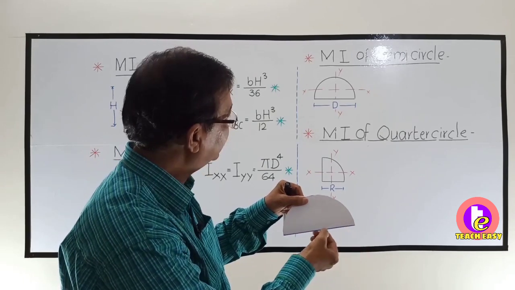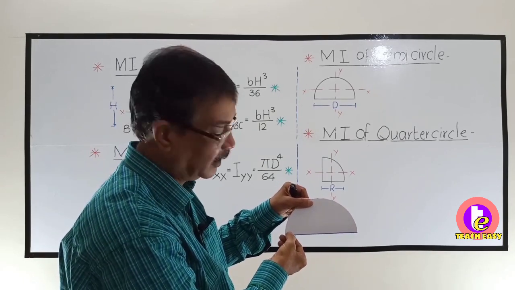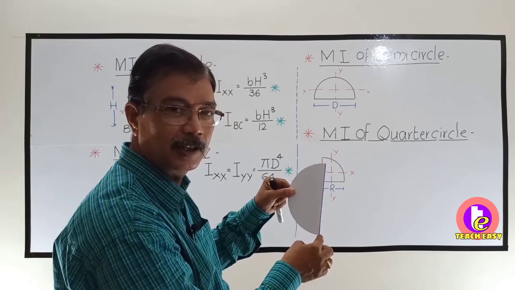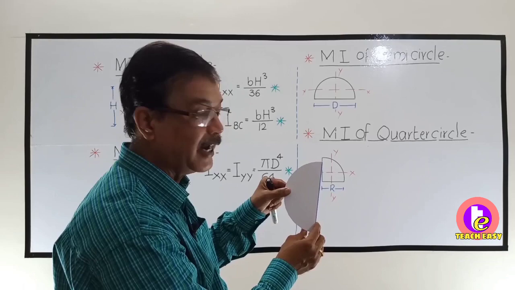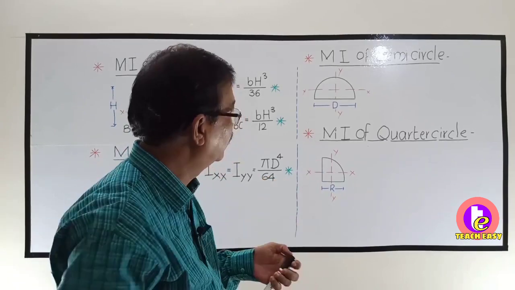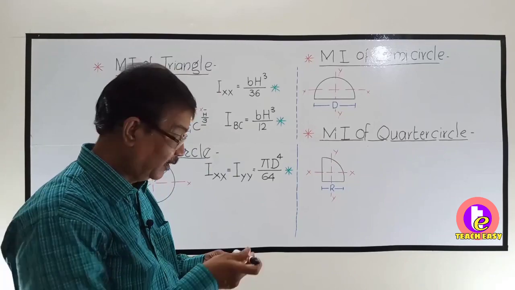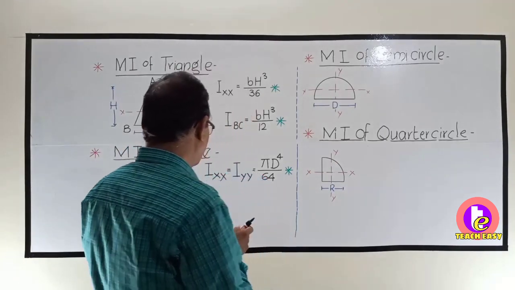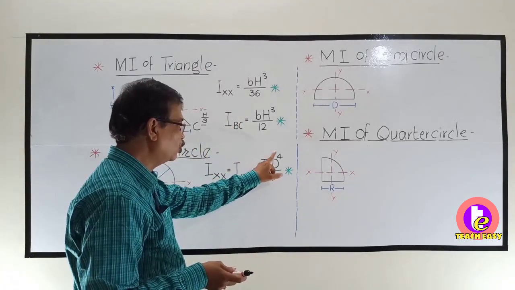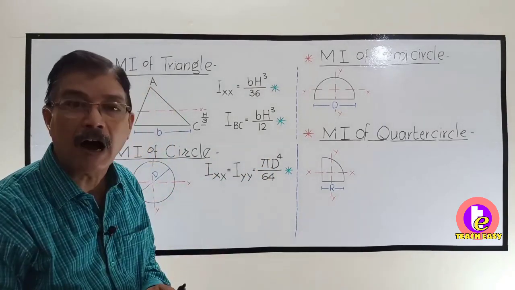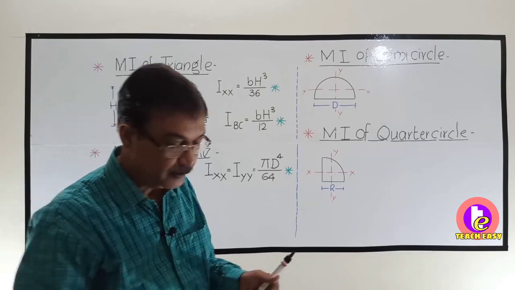So if this is x-x axis, if I shift it like this, this will be its y-y axis. Only half the area is taken. Therefore, in this particular case, Iyy will be pi d raised to 4 upon 128, because area has become half.